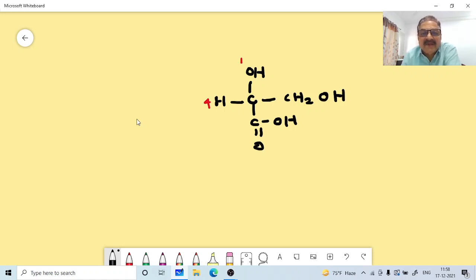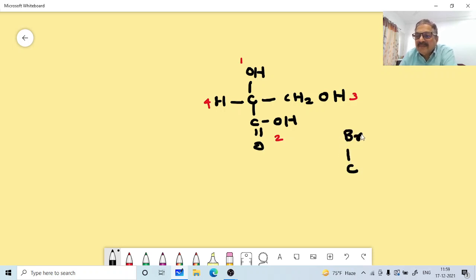Therefore, this carbon is considered bonded to 3 oxygen atoms. Therefore, this will get priority number 2, and CH2OH will be priority number 3. Correct?